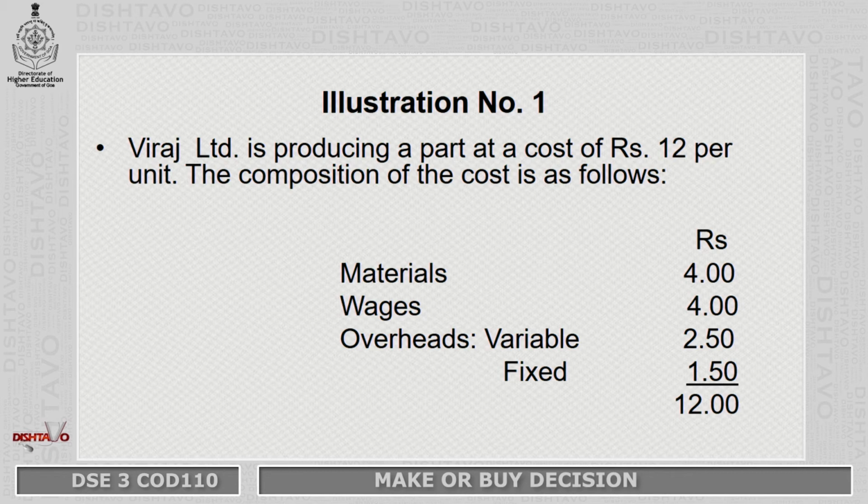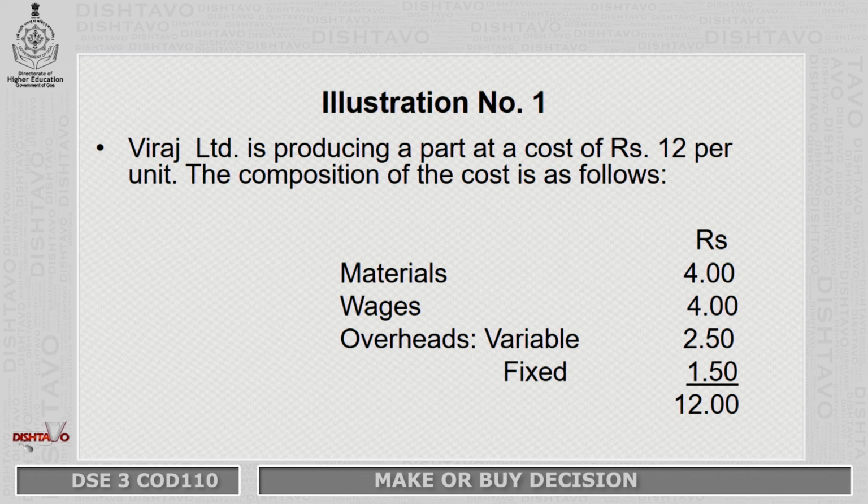To further clarify, I have taken a small example. Viraj Limited, a manufacturing company, has a part at a cost of rupees 12 per unit. The cost composition is as follows. It consists of material 4 rupees per unit, wages another 4 rupees, and overheads which are classified into variable and fixed.